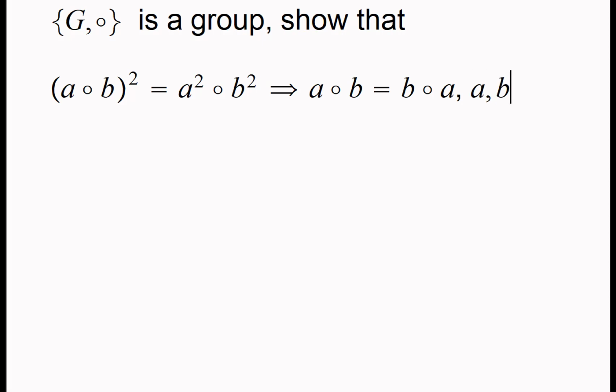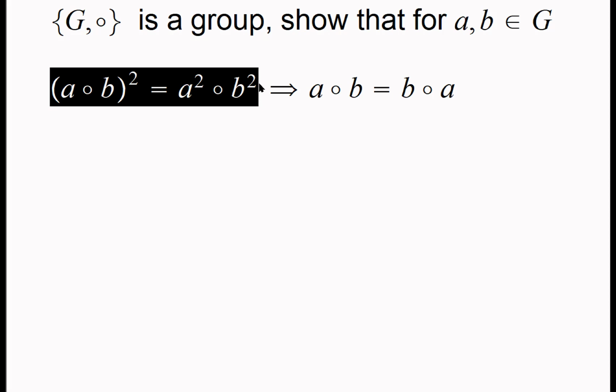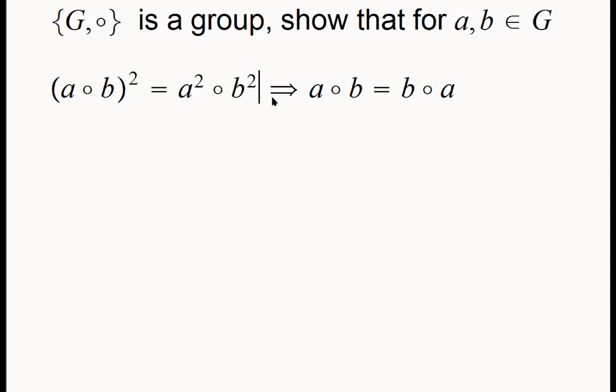Let's show that for A, B in G, in case this equation is true, that means this pair of elements commute. And you know this, that if these commute, you can just write it out and see that this equation is true. So you can change this to if and only if, if you would like.